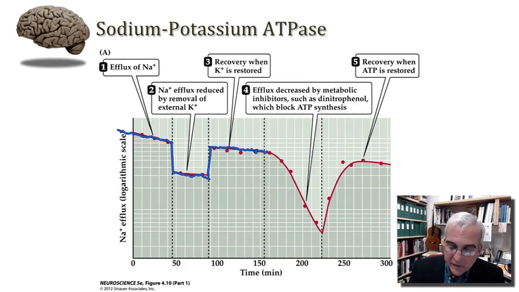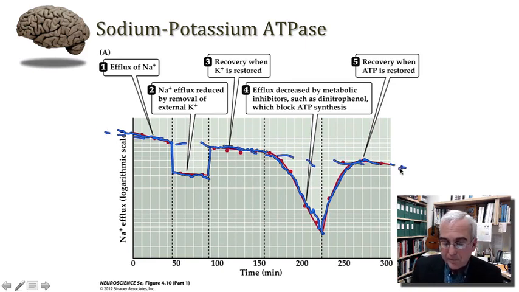And as this metabolic poison, if you will, is introduced, there is a precipitous decline in the efflux of sodium ions, providing strong evidence for the energy requirement of this transport. When ATP is restored, then there is a somewhat rapid rise again of the efflux of sodium back towards the rate at which this experiment was run.